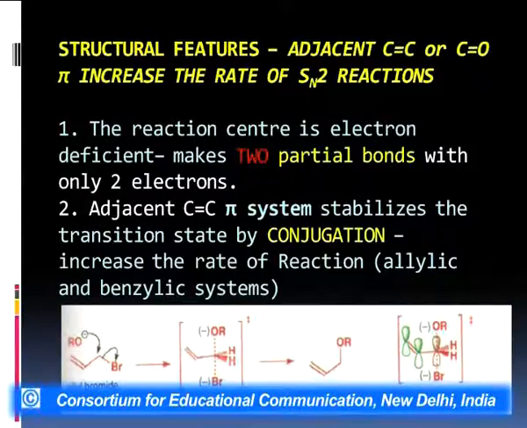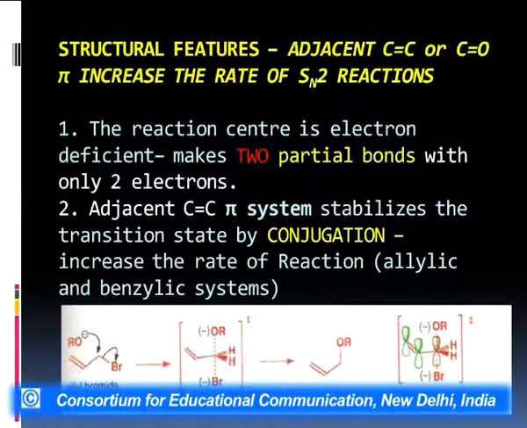Because what we know is, in both the SN1 mechanism as well as the SN2 mechanism, the leaving group is important. So in the previous case, in the SN1 mechanism, the question was the stability of the carbocation, whereas in this case, the question is the stability of the transition state. When we look into the transition state, what we find is that the electrophilic carbon is attached to two electron withdrawing groups.